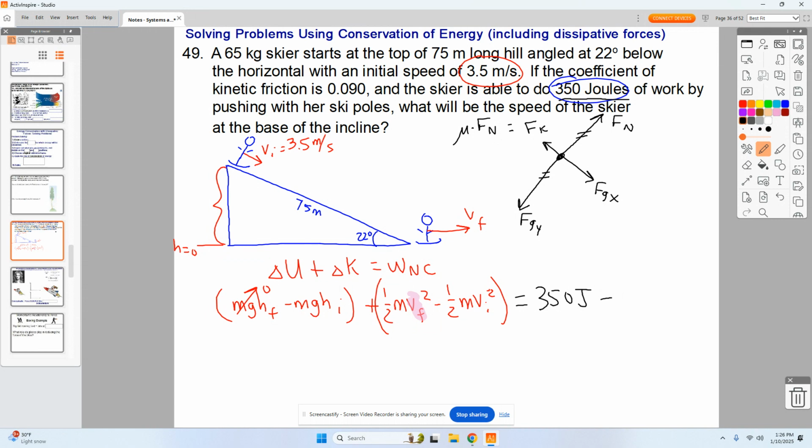Minus mu, which is mu sub k, that's the coefficient of kinetic friction, that's my 0.09, times the normal force. The normal force is equal to the weight force into the incline. That weight force into the incline is equal to mg multiplied by the cosine of that angle.